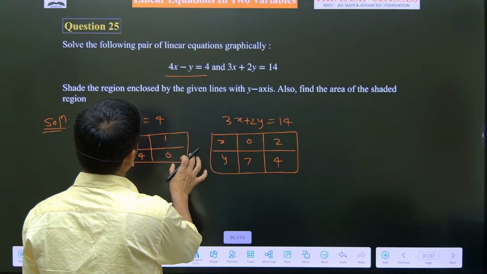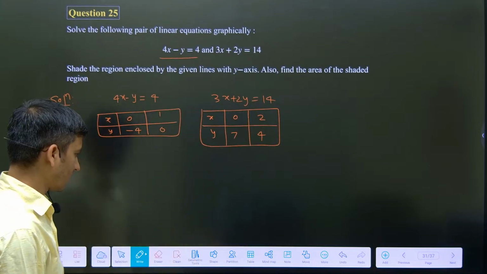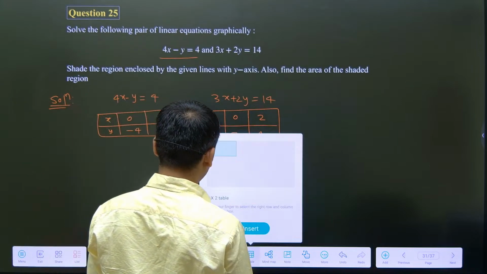Now we will draw the graph. Okay, so let's see if I have any tool here.